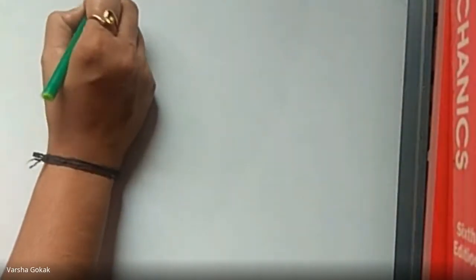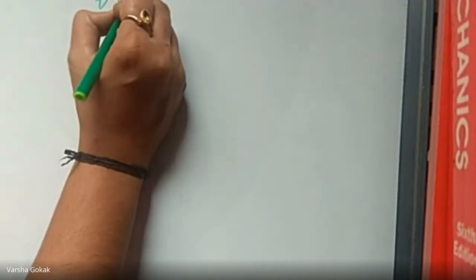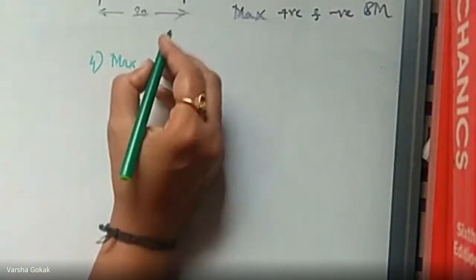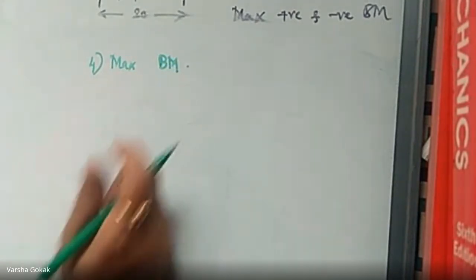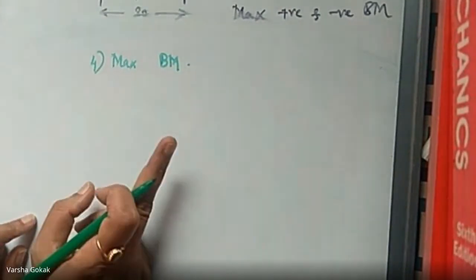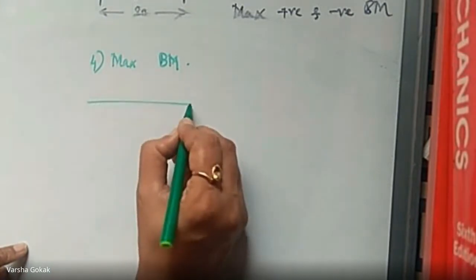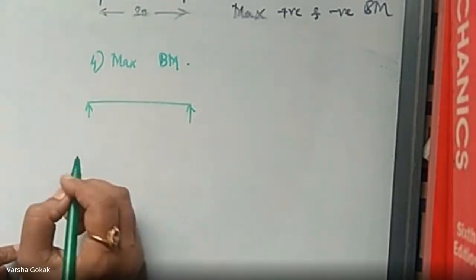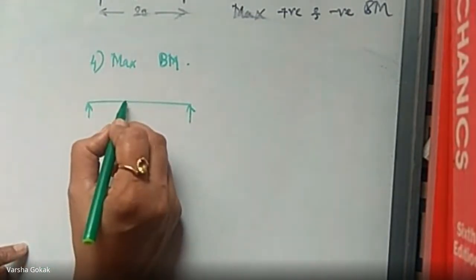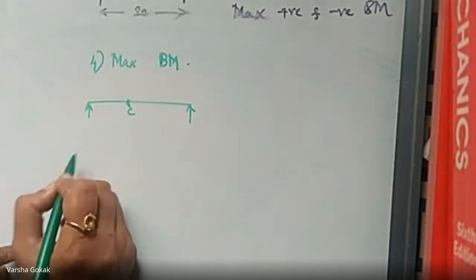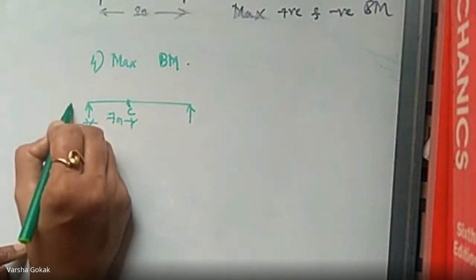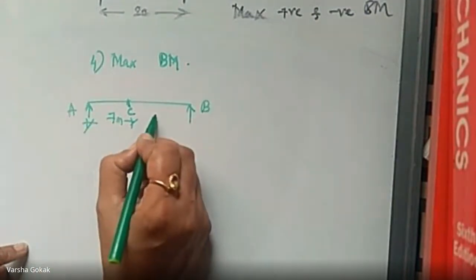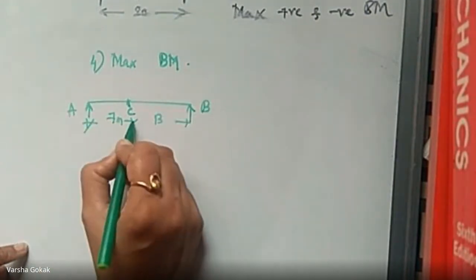So for the fourth point, I'll have to calculate the maximum bending moment. When I'm calculating the maximum bending moment here, because there is a UDL, how I'll place it is like this. This is our beam, and here we have a point C. This point C is situated at 7 meters from point A. This is point B, and this remaining would be 13. Understood. Correct.